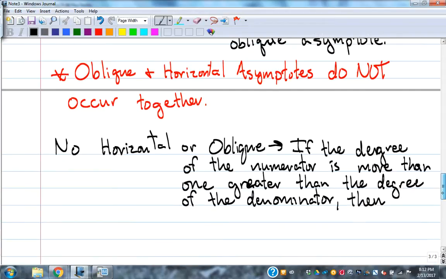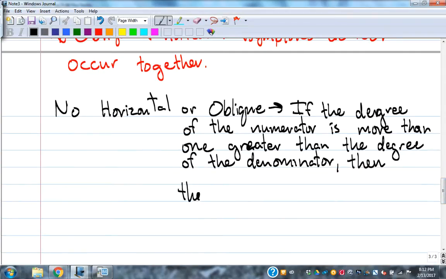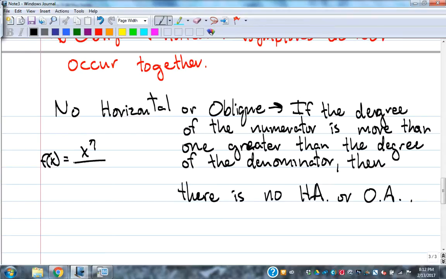Then there is no HA or OA. Example of that, f of x equals x to the 7th over x to the 3rd. Numerator is much greater than the denominator. There's no horizontal or oblique out of that.